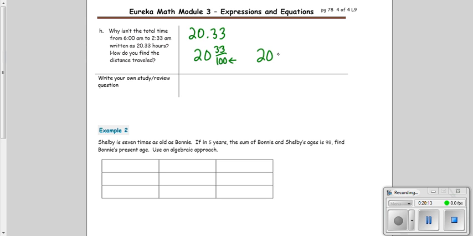In one whole hour, there are 60 minutes. So for minutes as a fraction of an hour, the denominator would be the whole, which is 60 minutes in one whole hour. And then we calculated that as a decimal. 33 divided by 60 is 0.55.